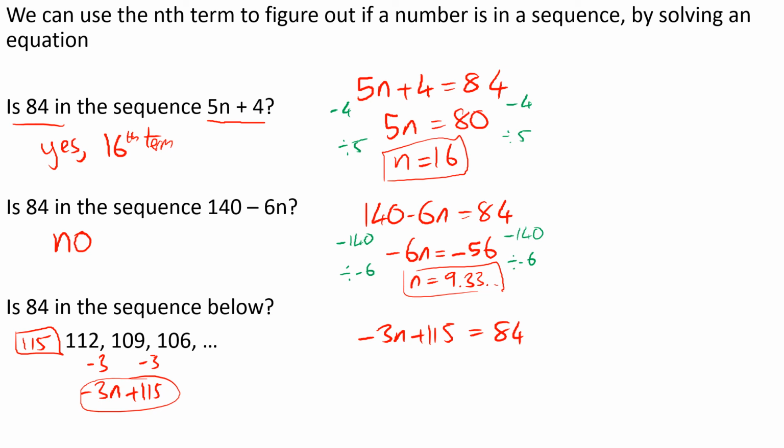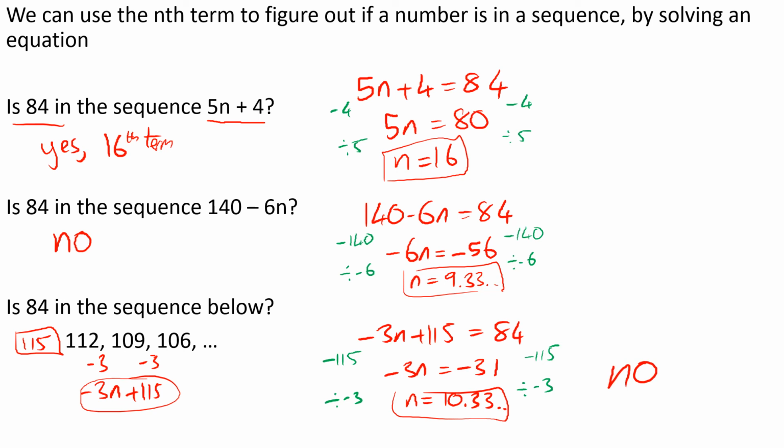Do what we did on the previous one. Let's take away 115. We'll end up with minus 3n equals minus 31. And then we'll divide by minus 3 this time. And we'll get n is 10.3. So does that mean it's in the sequence if it's 10.3? No. We need a whole number for that to be true.